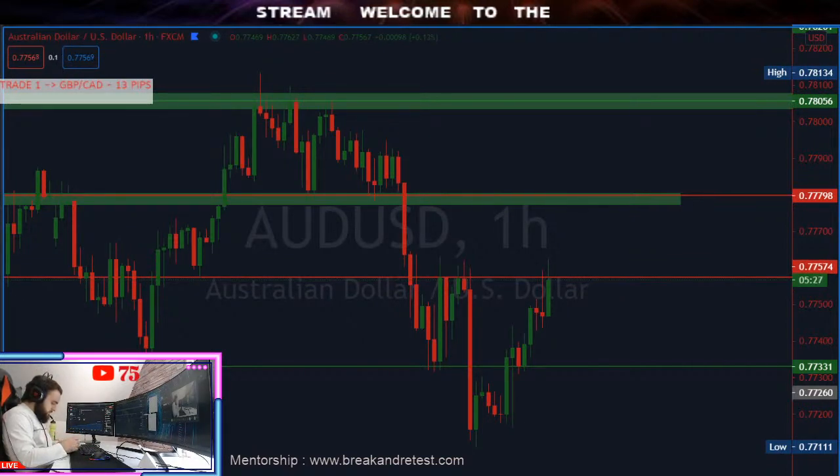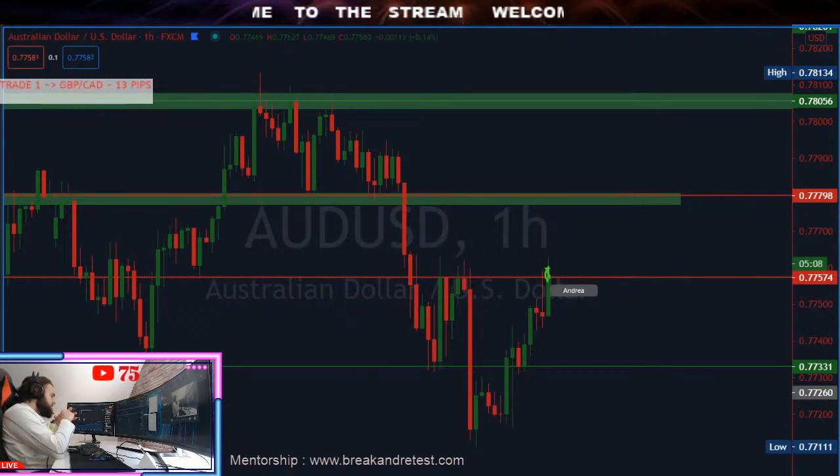Can I ask you something about this chart, for example? Some people I see trade like this green candle. Let's say this 1 hour close here. This is the candle close, and there is the wick here on the top.